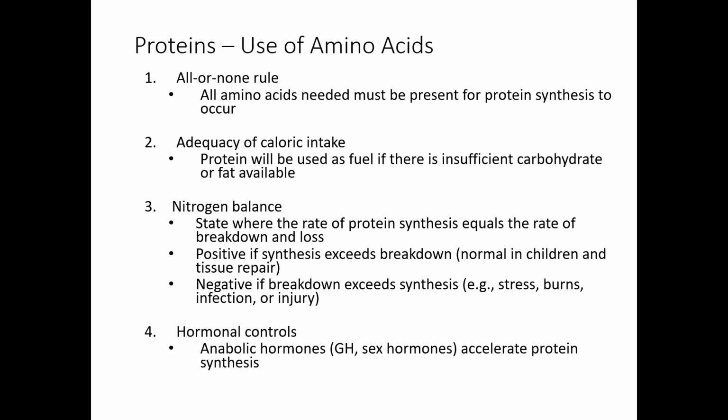Negative balance occurs when breakdown is greater than the buildup. People under a great deal of stress may be tearing proteins down faster than they're building them up. People dealing with burns or infections may be losing proteins at a faster rate than building up. They will be in a negative balance.